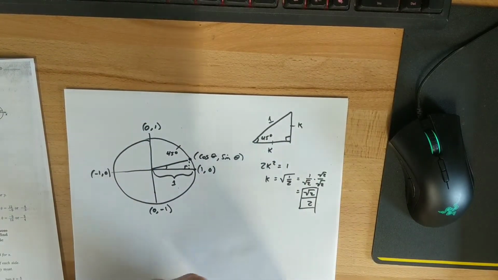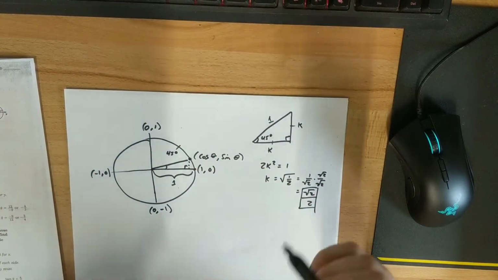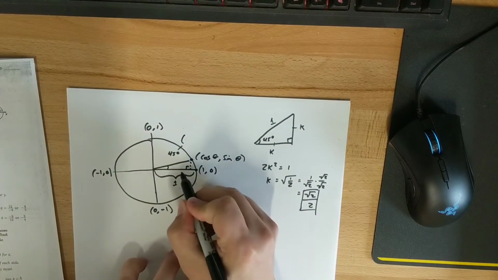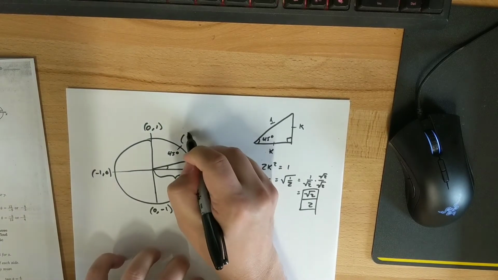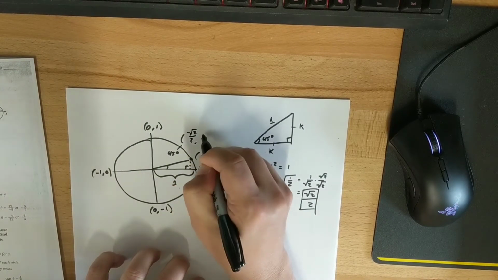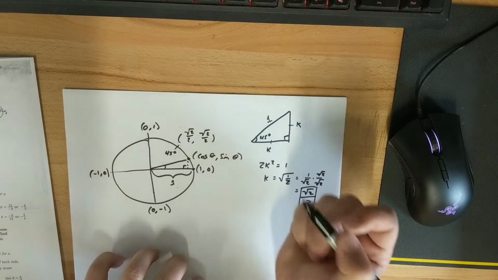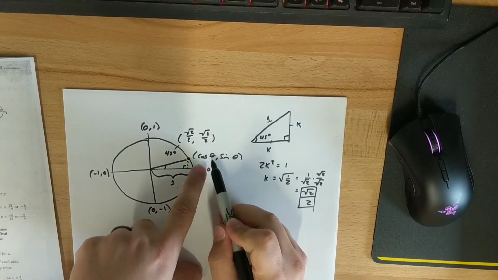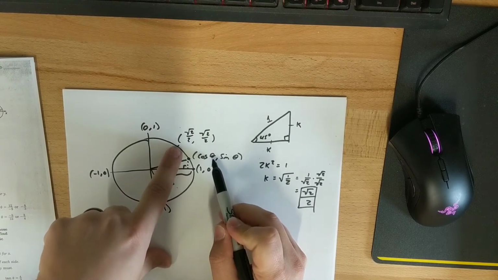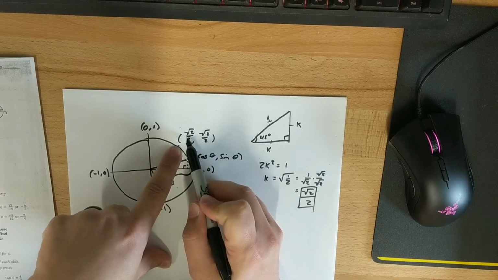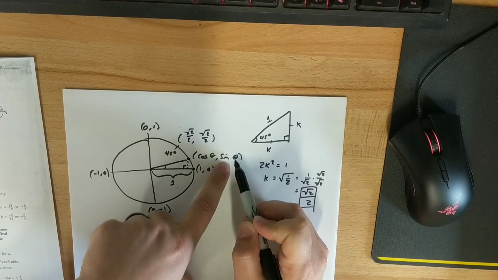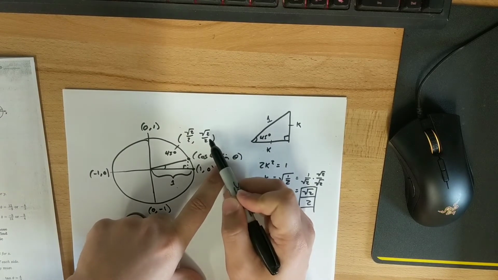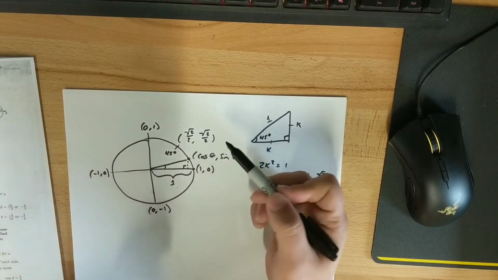By extrapolation, this point has an x and a y coordinate of root 2 over 2. So we can figure out that the cosine of a 45-degree angle is the square root of 2 divided by 2, and the sine of a 45-degree angle is also equal to the square root of 2 divided by 2.